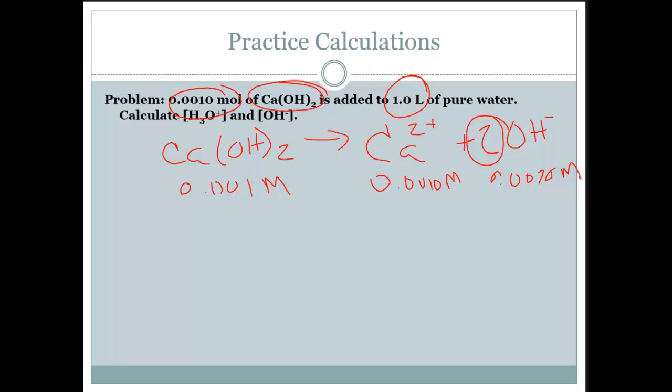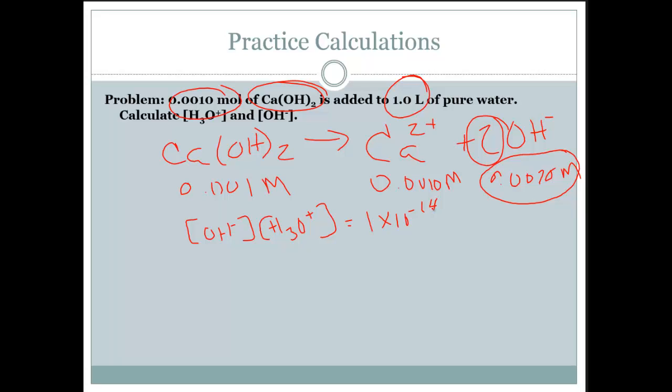So let's calculate the H3O plus and the OH minus. Well, the OH minus we've already calculated right here. H3O plus times OH minus is equal to 1 times 10 to the negative 14.